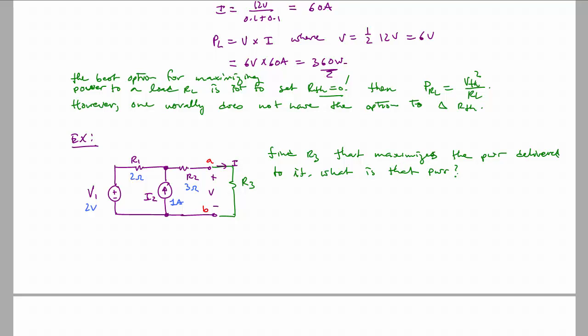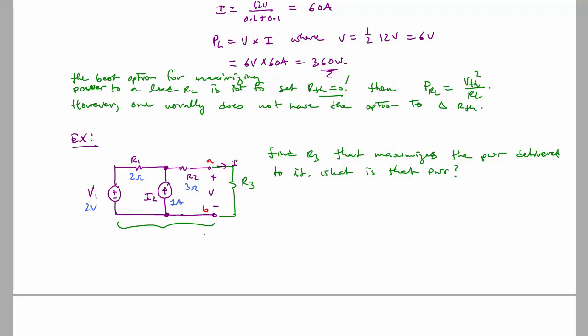So initially it might seem a little bit intimidating to think that you're going to have to write an expression for the power in R3 in terms of these other, what's going to be in total 5 elements, and then you're going to have to look at how power changes as a function of R3 and find the maximum. And that's what you'd have to do if you didn't know about Thevenin or the maximum power theorem. Because we know about those, we can go about this very simply.